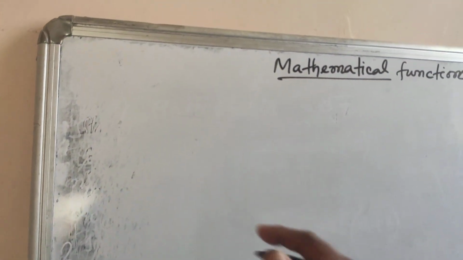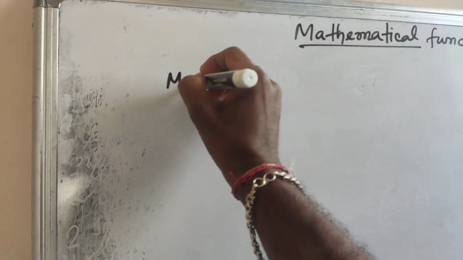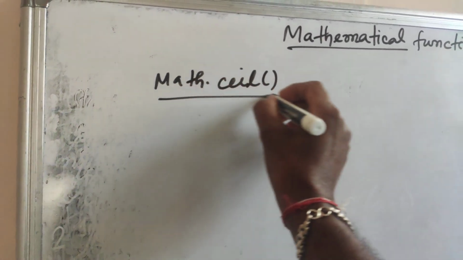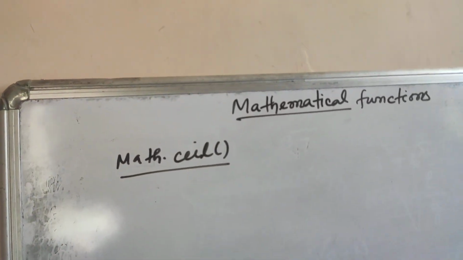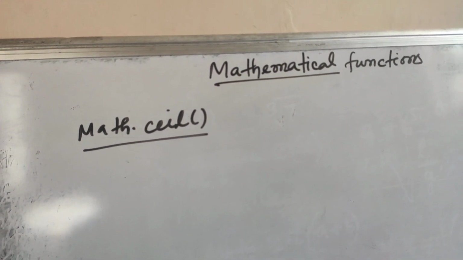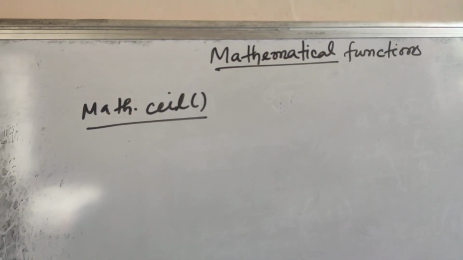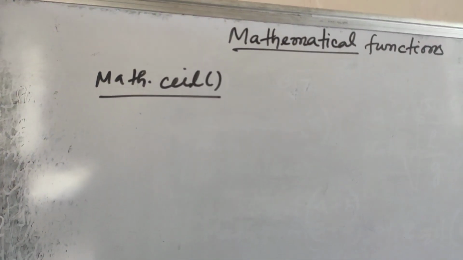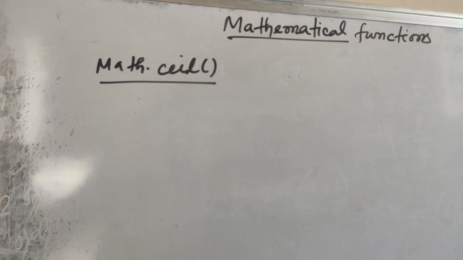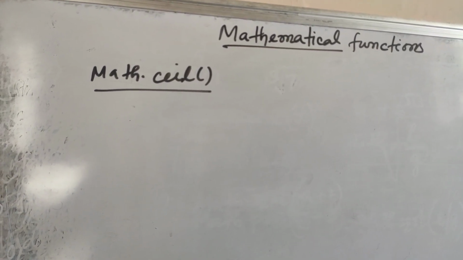Now the next command, math.ceil. Math.ceil's function is to display the result as the next higher integer. You see, for math.pow the result data type I said double or float.